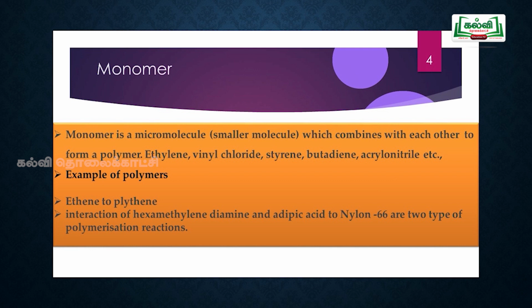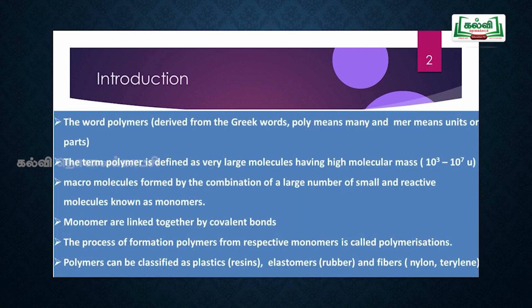Okay, what is a monomer? The small molecule which combines to form a big molecule is called a monomer. Small molecules readily combine to form a big molecule; the small molecule is called a monomer. So students, remember the word polymer is derived from a Greek word.